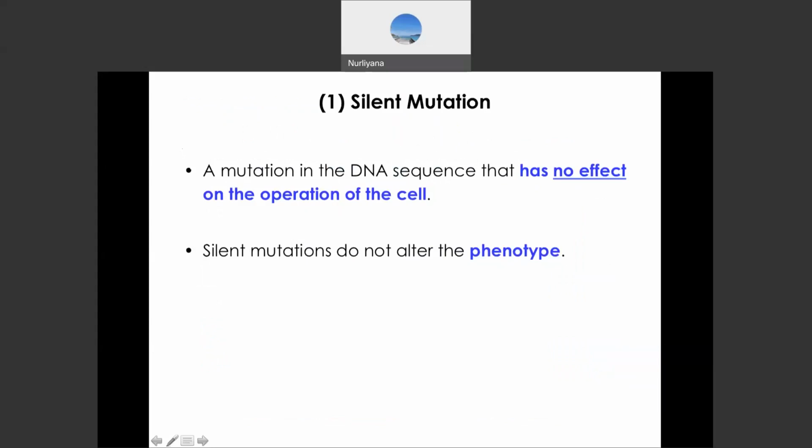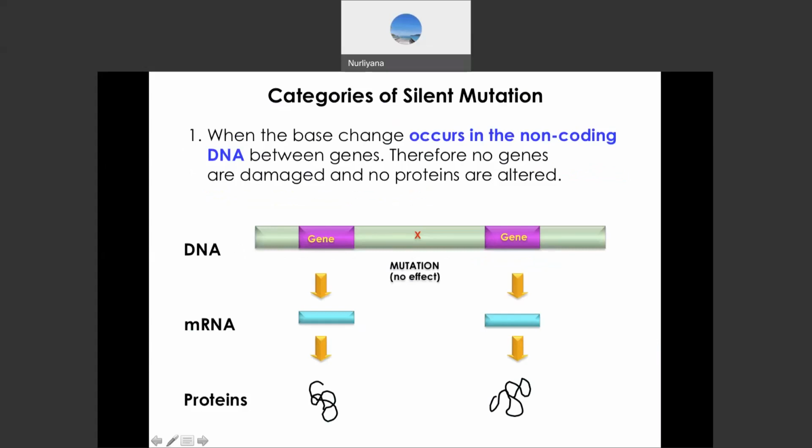So silent mutation is the type of mutation that doesn't give any effect to the operation of the cells. Why do we say this? If you see in the DNA sequence, as an example here, this is your DNA strand, and the mutation occurs somewhere in the DNA sequence that is not important.